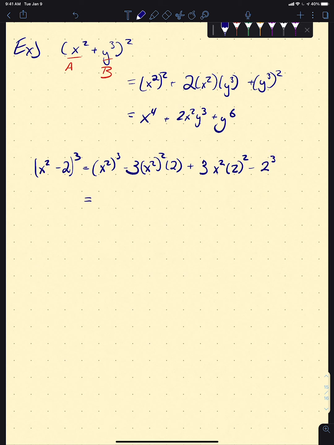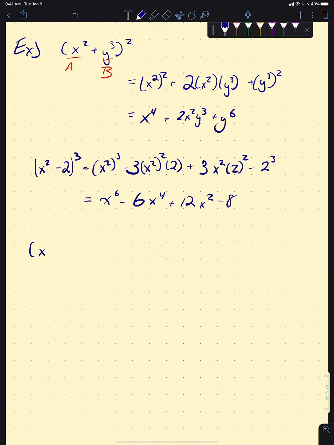We simplify this. x squared cubed is x to the 6th, minus 3 times 2 is going to be 6 times x to the 4th, plus 2 squared is 4 times 3 is 12 x squared, and we have a minus 8.